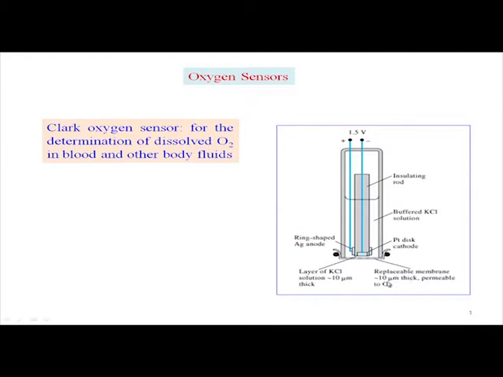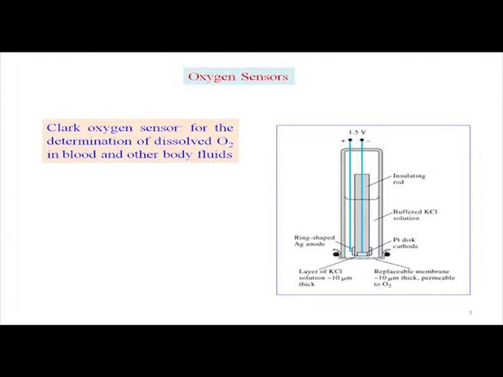It is only 10 micrometer thick and can permeate your O2. Whether it is a polyethylene or polypropylene cloth, the PP cloth, or any other material of that thickness, it should allow oxygen to pass.